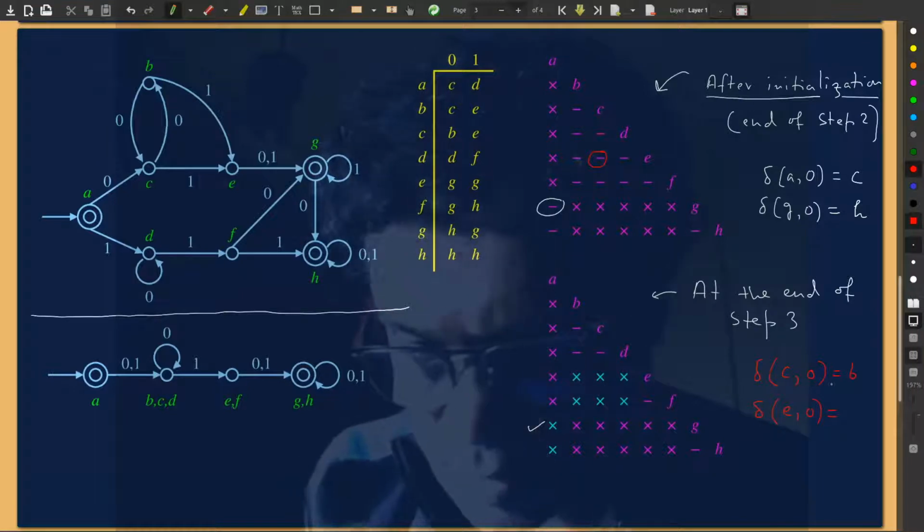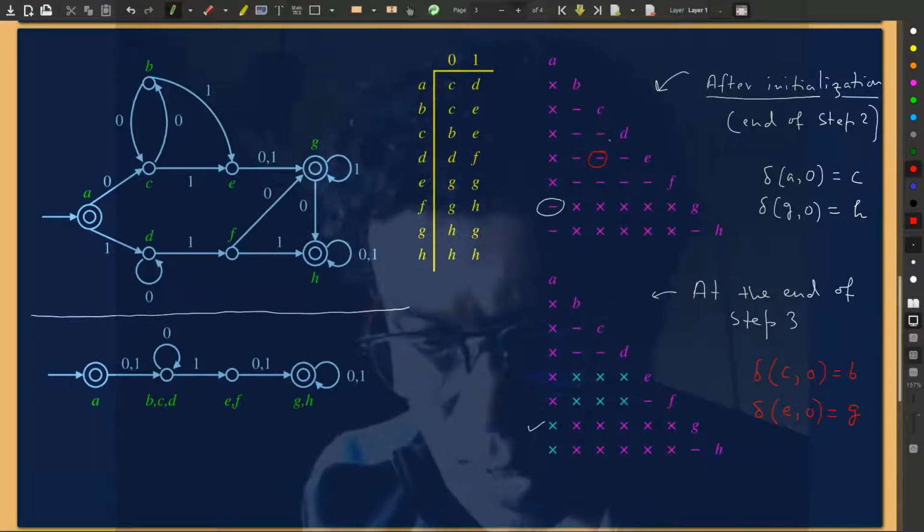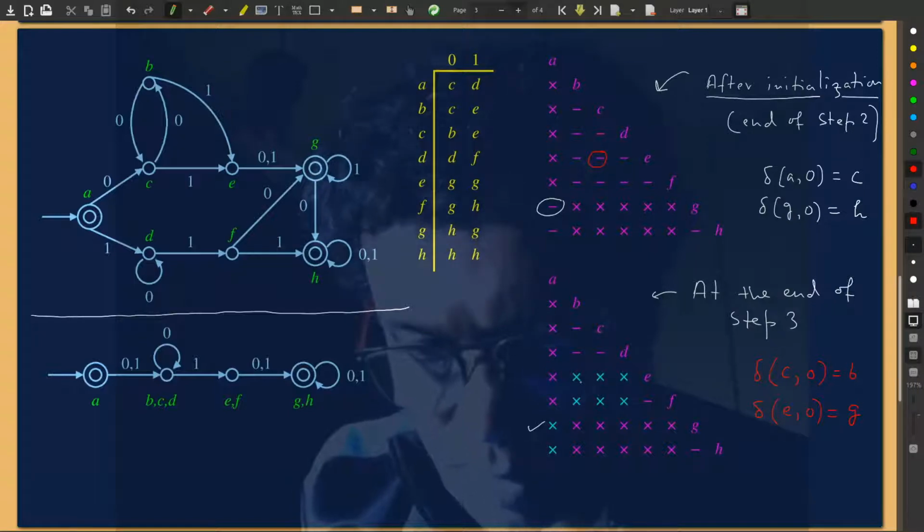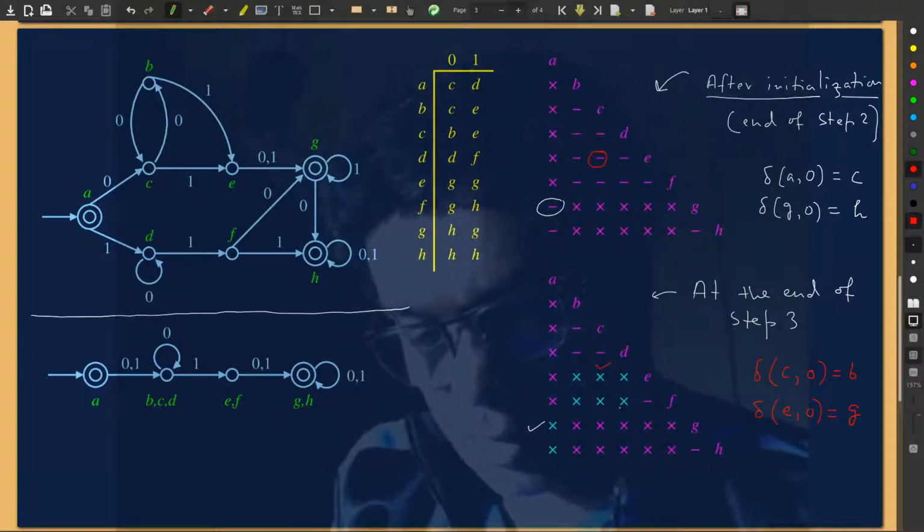Delta E0 is G. And then I look at whether B comma G is marked. So B, G. Okay, so this is marked. And therefore C, E is marked. So this is how this table is prepared.